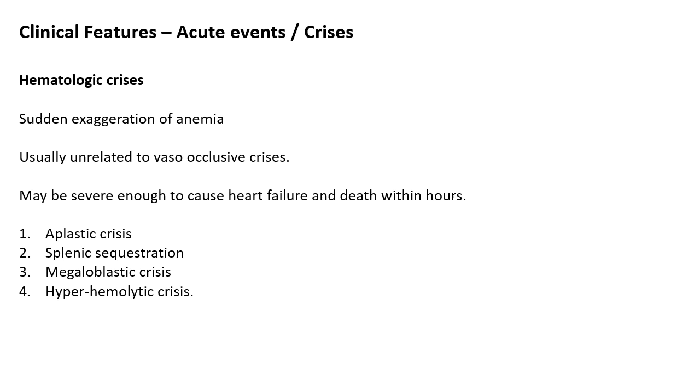The demand for folate increases in the bone marrow and therefore it is possible that folate deficiency occurs and the patient presents with megaloblastic crisis. There can be hyperhemolytic crisis, that is, although it is a hemolytic anemia, sometimes in this crisis the rate of hemolysis increases and the RBC destruction increases.